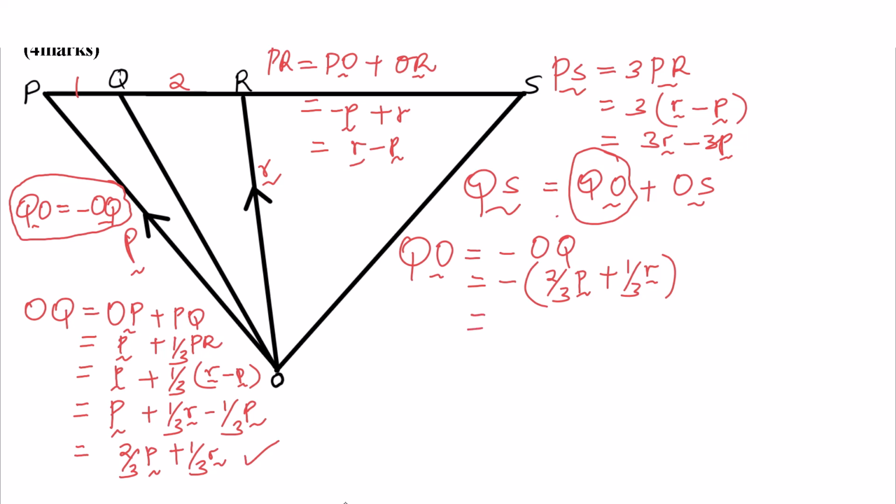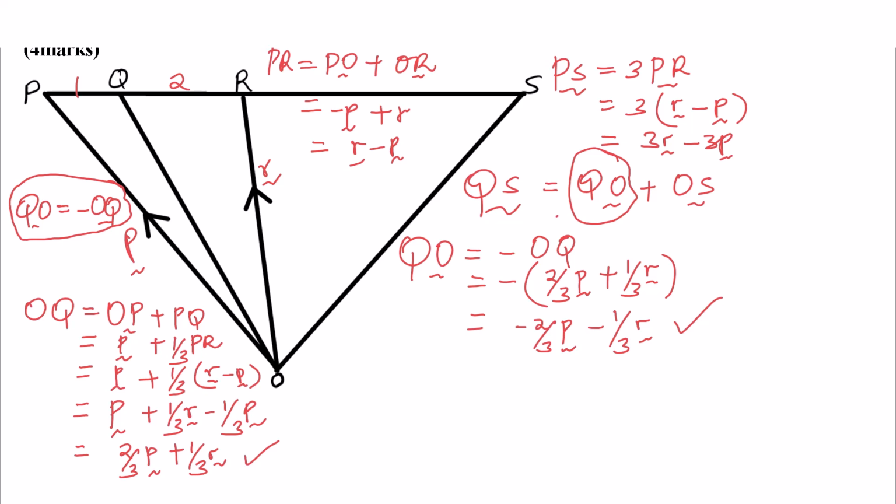And this one will give negative 2/3 p minus 1/3 r, since you're multiplying everything by negative when you open that bracket. So that is vector QO.